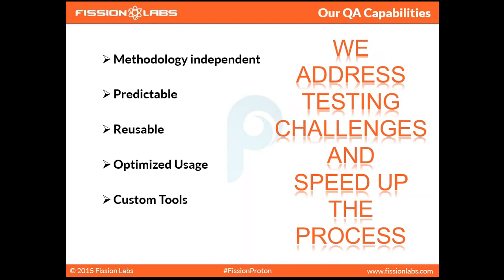You have a lot of different methodologies coming up or evolving, like agile, and within agile also, different organizations implement with different sprints and different durations of the sprints. We make our solutions predictable, either from the schedule point of view or from the quality point of view. We make it very predictable.